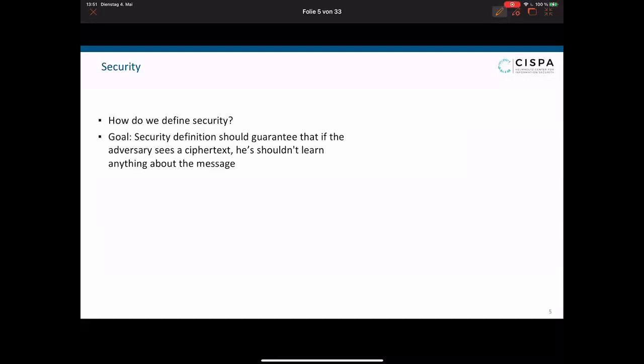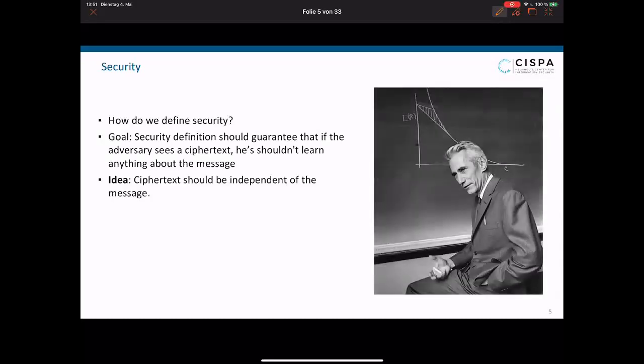So Shannon's idea was that a security definition should guarantee that if an adversary gets to see a ciphertext, and the ciphertext is typically something that we think of as public. I mean, if the ciphertext isn't exposed to an adversary, then you don't need encryption in your transmission system, right? So we need to assume the adversary gets at least the ciphertext. If our adversary gets to see a ciphertext, he shouldn't learn anything about the message that this ciphertext encrypts.